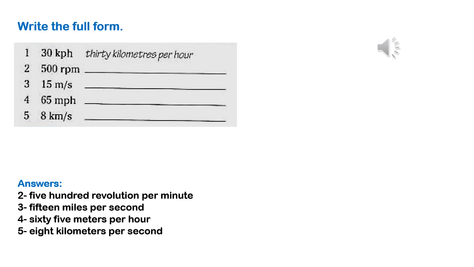Remember that these abbreviations are very important in your technical English and you should know them by heart. I need also to highlight something, that sometimes meter per second or miles per second, this can be miles or meters, alright?